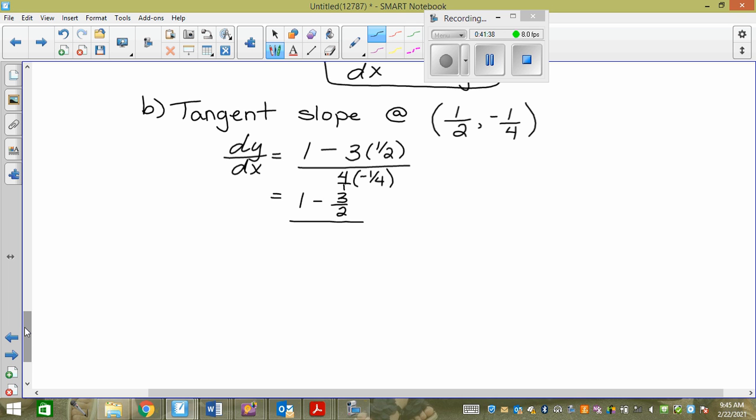And then 4 times -1 is -4 over 4, which is -1. One is the same as writing 2 over 2 minus 3 over 2 divided by -1, which is -1/2 divided by -1, which is 1/2.